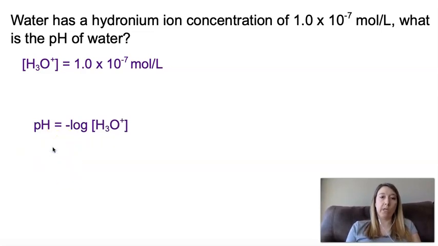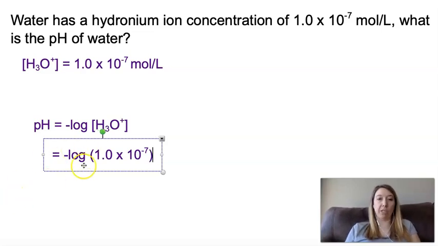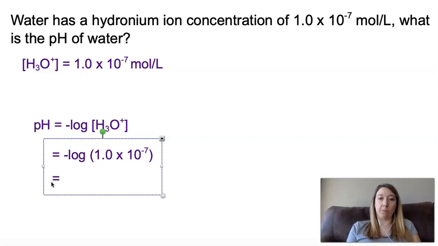So we're just going to do equals negative log, and then we can put that concentration in. Okay, when we are calculating pH, pH does not have a unit. So this is one of the few times you'll notice that I didn't put that moles per liter in. That's because I don't need to put it in, okay? So we're going to do negative log of 1.0 times 10 to the negative 7. My calculator gives me just 7, okay?